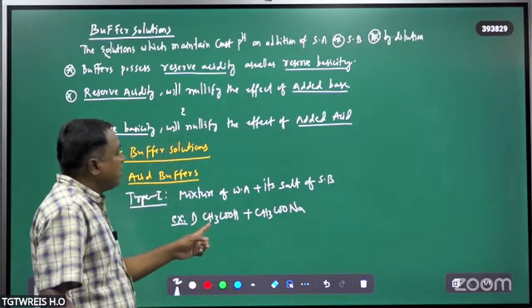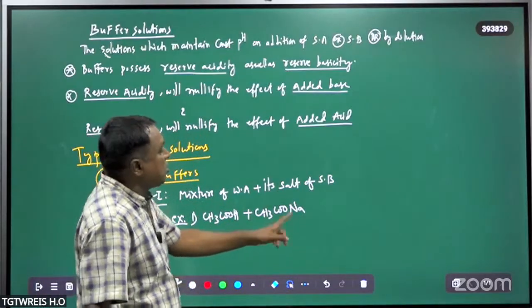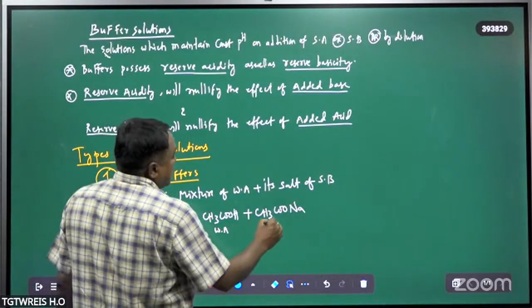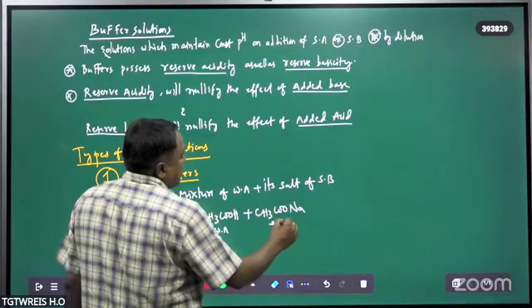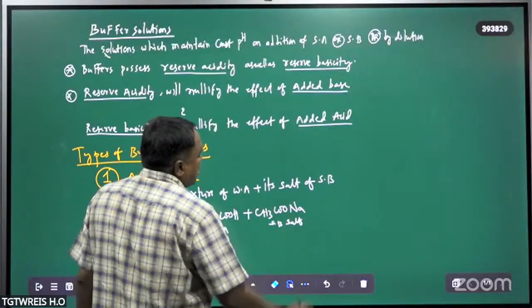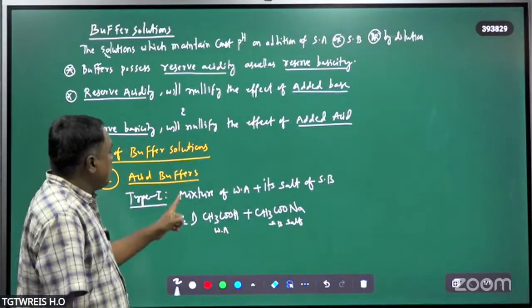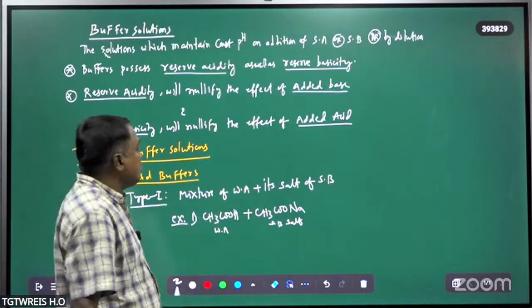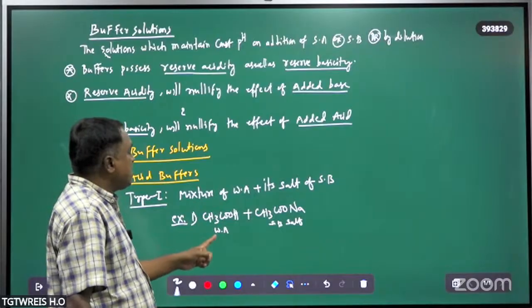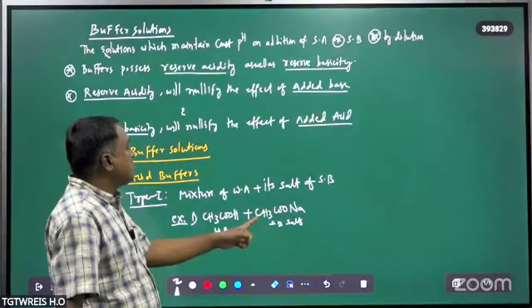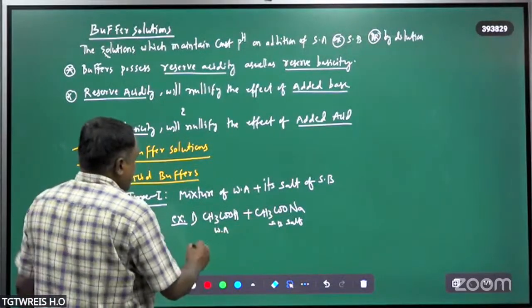This is the weak acid and it is the salt of strong base. Salt of strong base, acting as an acid buffer. Mixture of weak acid and its salt of strong base. Example, the weak acid is CH3COOH and the salt of its strong base is CH3COONa.